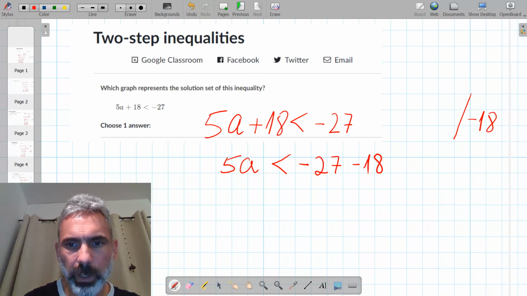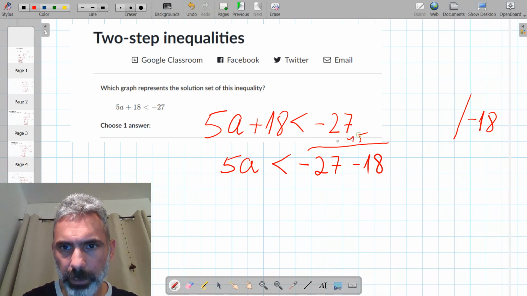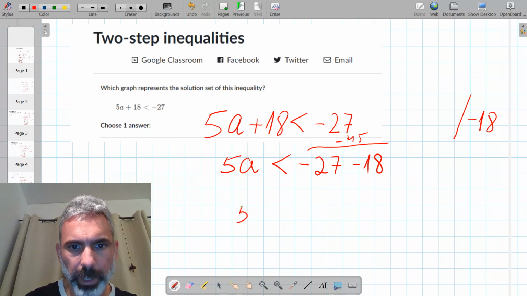Okay, they are both negative, so I combine them and the result is negative because they are both negative. 20 plus 10 is 30, 7 plus 8 is 15, 30 plus 15 is 45, so this is minus 45, so 5a is less than minus 45.